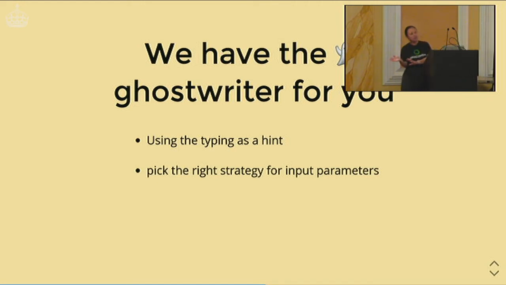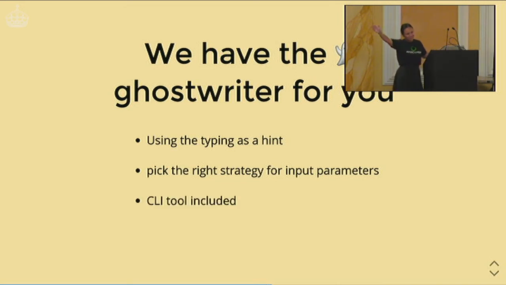It will pick the right strategy because when you do the typing, like I said, you already labeled what type of input you're expecting. So the Ghostwriter will look for it and say, oh, you are expecting an integer, so maybe it should be a number or an integer. If it's a string, then maybe it's a text.